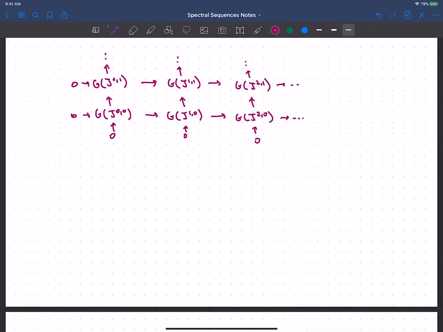And now let's compare the two spectral sequences. So I want to think of this as the E0 page and compare those two spectral sequences that cook up the cohomology for the total complex.